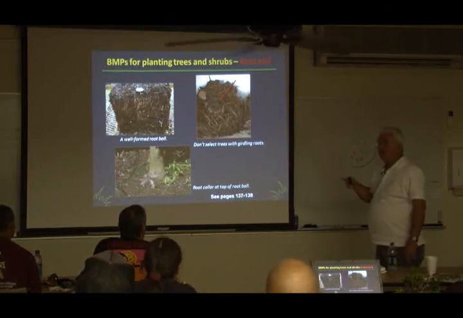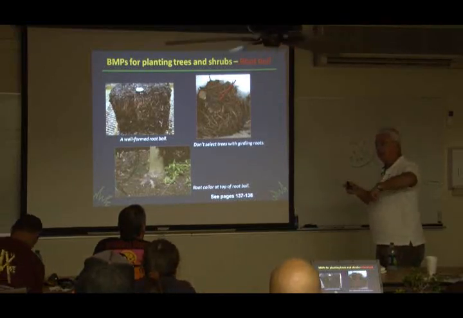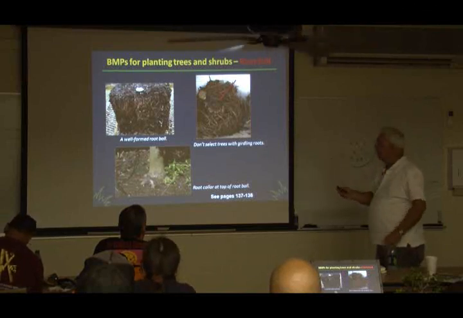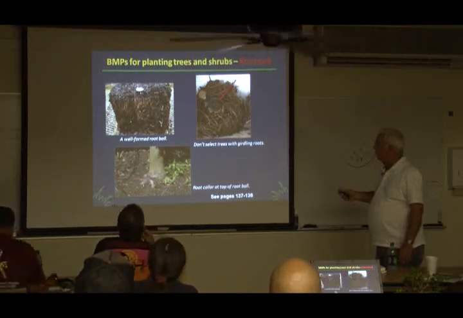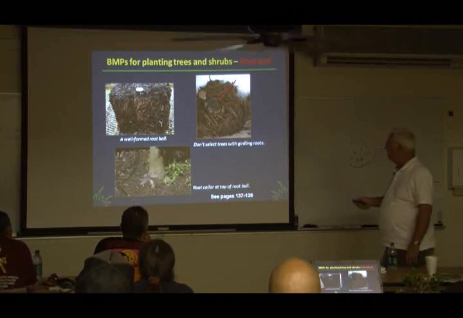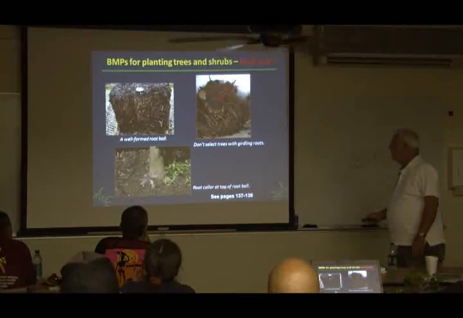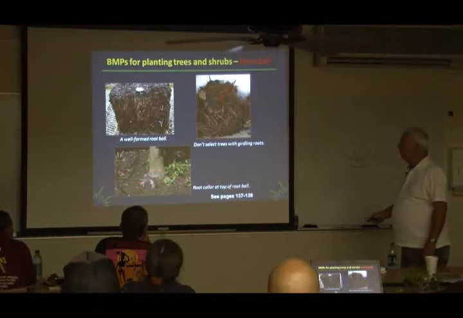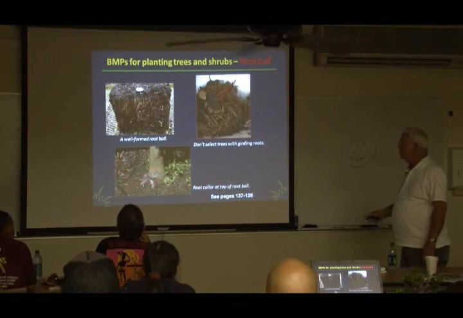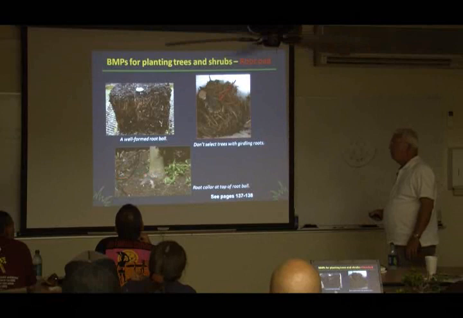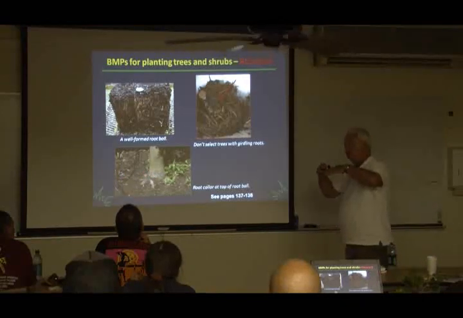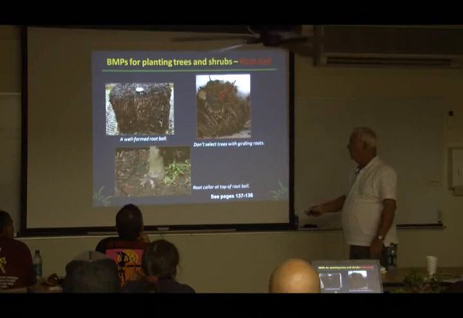Just like Mark was showing a little bit ago, once they start to girdle, they're going to continue to do that, and the plant will finally die. So don't select these girdling roots. The top collar of the root ball should be visible. This flare here should be visible. It shouldn't be buried. That's a sign that it's been planted too deep, and it can cause the trunk to rot and so forth.